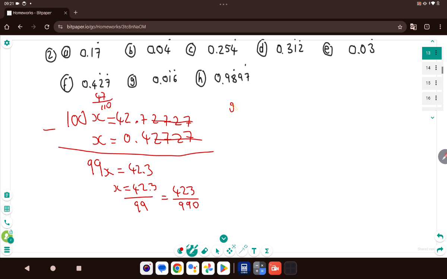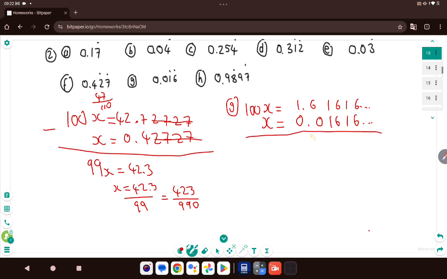G. Again, I know I'm going to be multiplying it by 100. Double digit repeating. I'm going to space this one out a bit better. If you multiply that by 100, you get 1.61616.